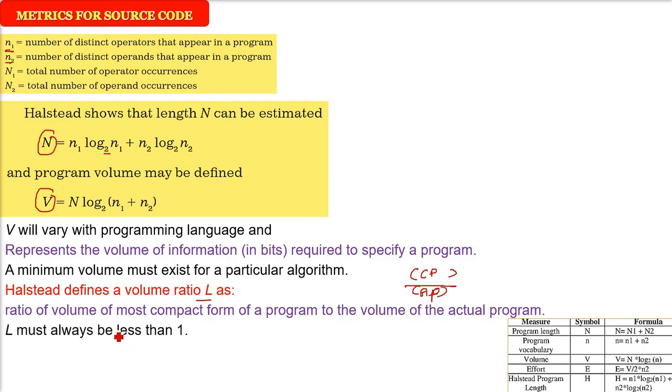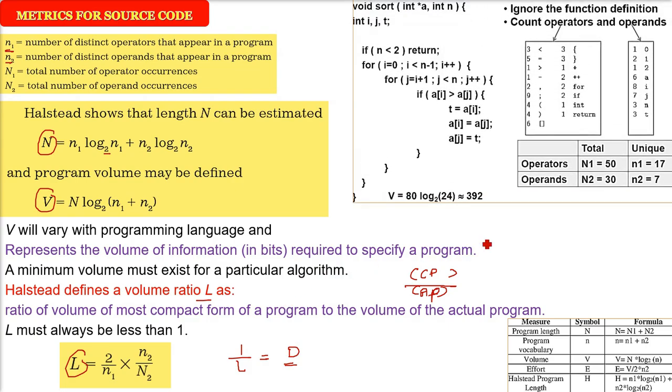L, the volume ratio, has to be less than 1. This is the volume ratio, 2 by small n1 into small n2 by capital N2, and you just invert it. Just do 1 by L, you will get the difficulty. So when you multiply difficulty and volume, you will get the effort. Effort will be V into D.